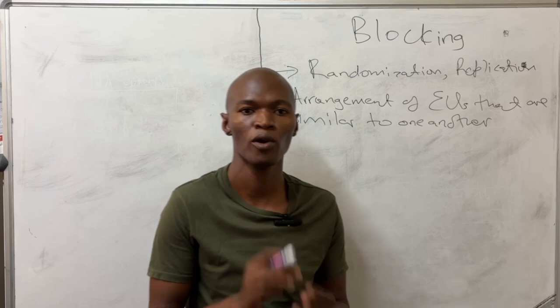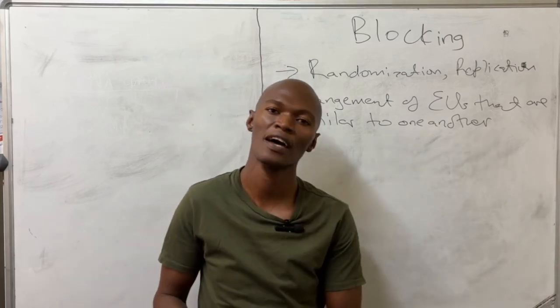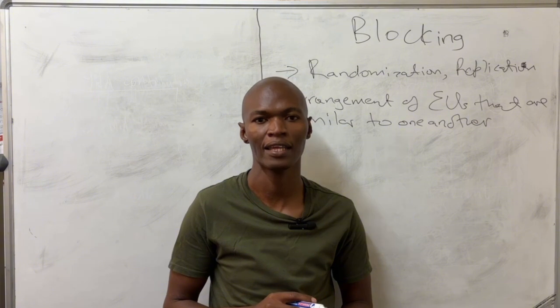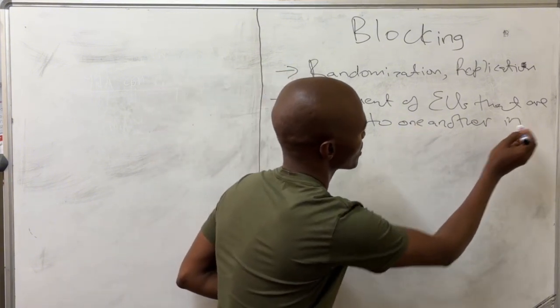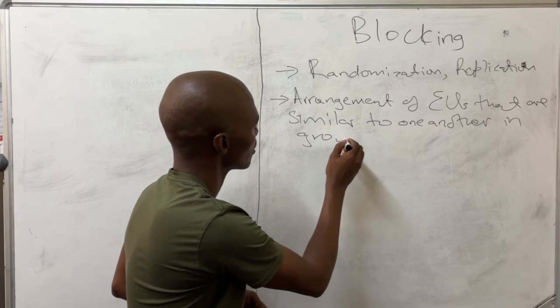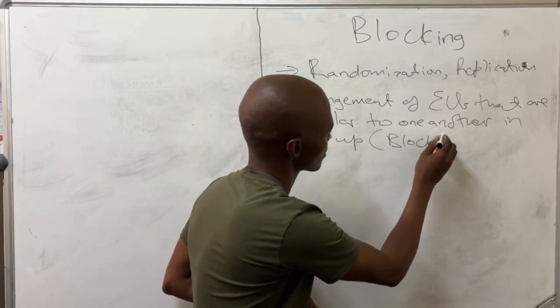So blocking is whereby you arrange your experimental units that are similar to one another in groups. When you arrange them in groups, those groups we call the blocks.